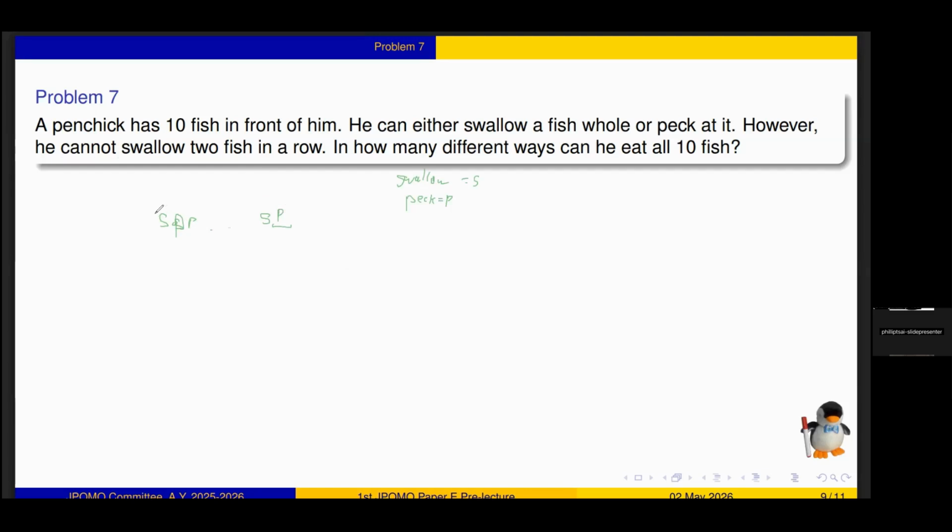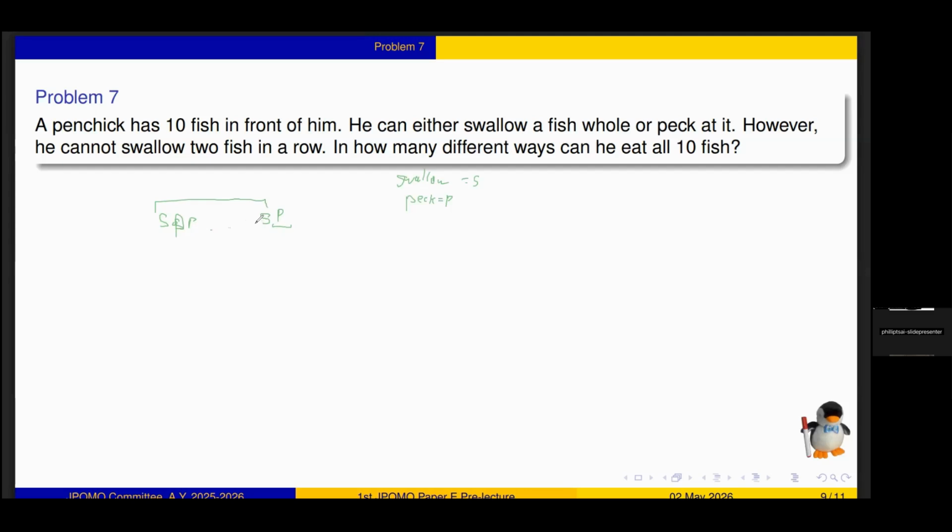And let's say this is a totally acceptable sequence of pecks and swallows. For every sequence that ends with S, we must have a P right after it.